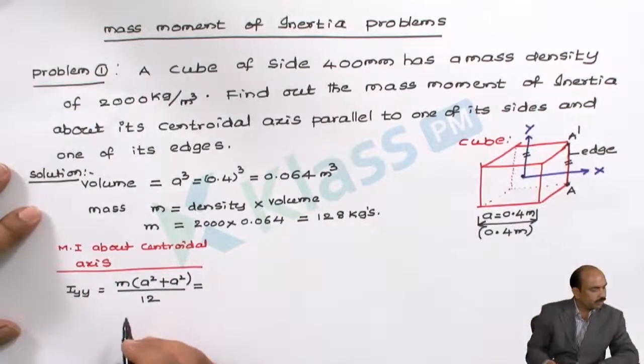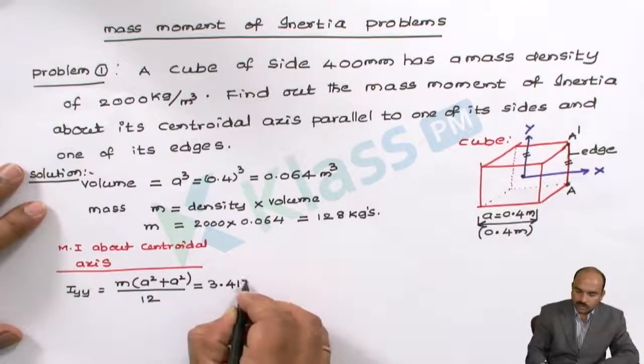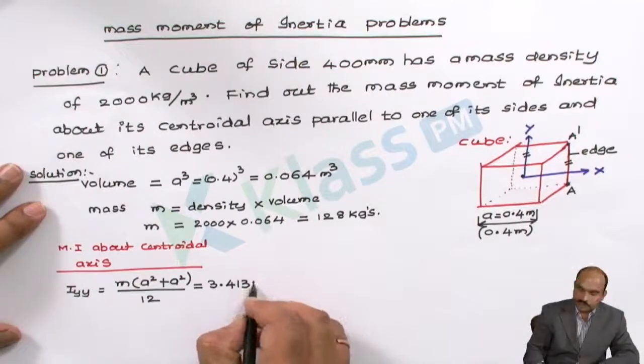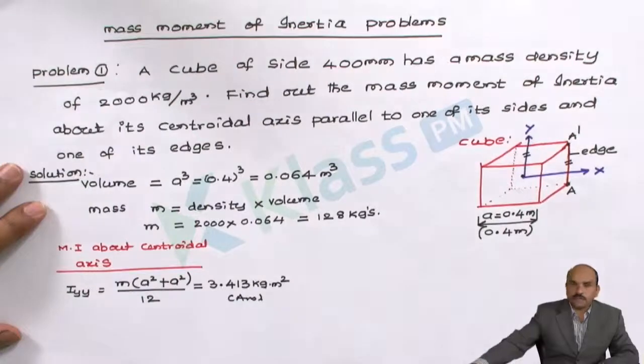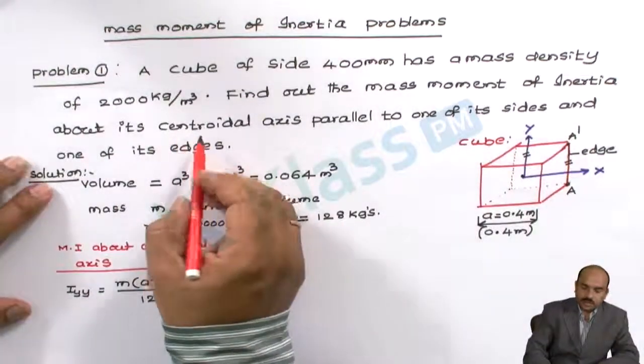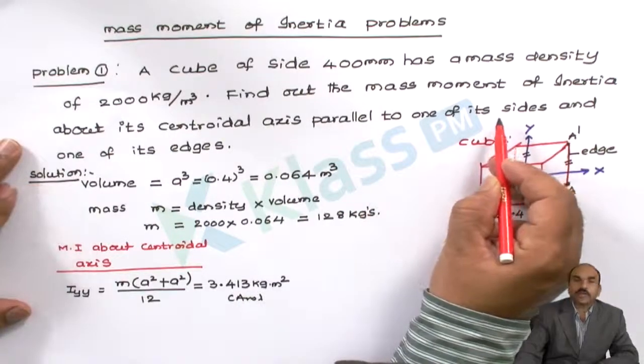Substituting all the values, we get the answer as 3.413 kg meter square. So this is the answer for the first bit, the centroidal axis parallel to one of its sides.